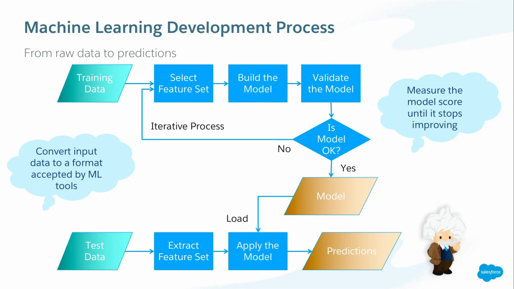You need to collect data from many places, filter them, aggregate them, and convert them into the format that machine learning tools are using. In this case, we are using Python and machine learning libraries that are supported by Python. But different tools may require a different format of the data.